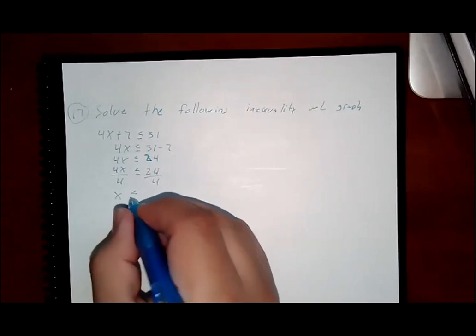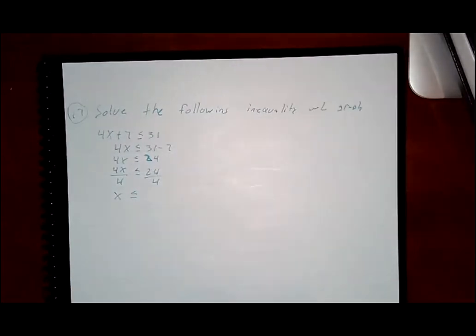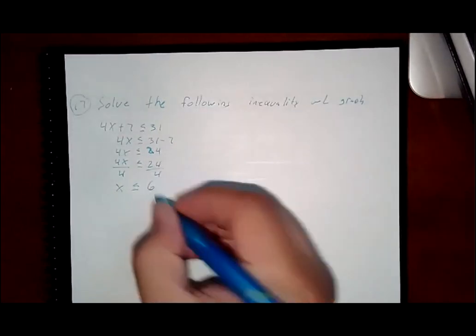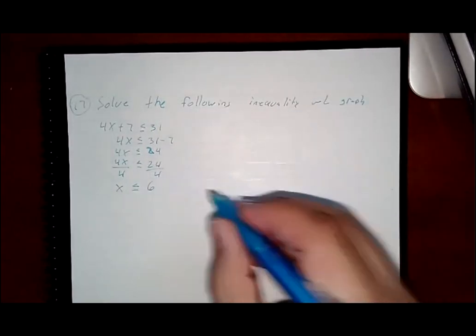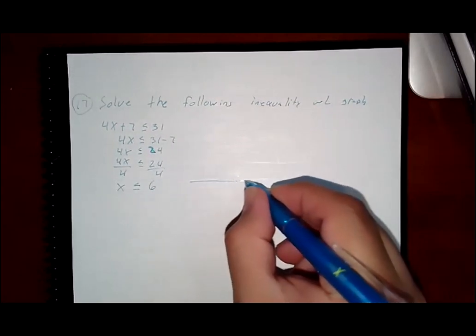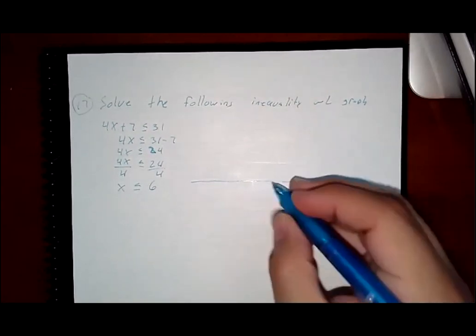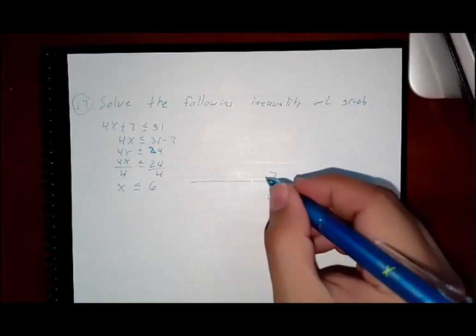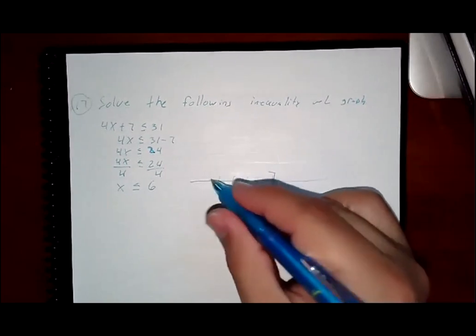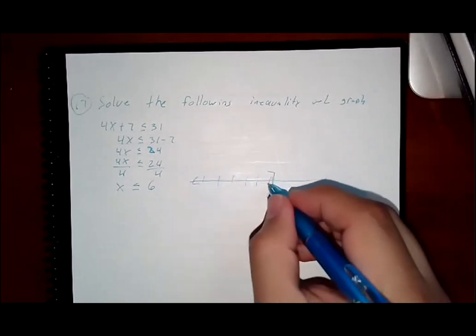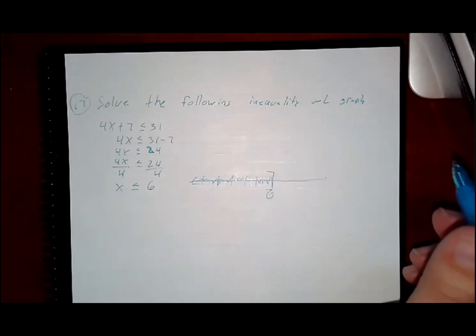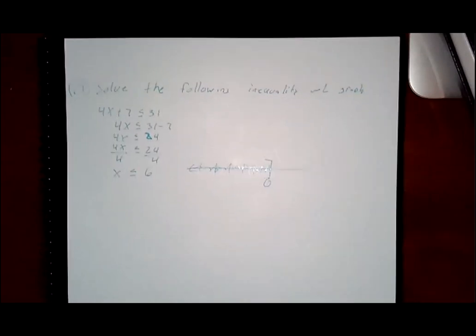X would be less than or equal to 24 divided by 4, which would be 6. So the graph would be, here's 6, put a bracket on there, and then just go forever in this direction. That's it. Not too bad, right?